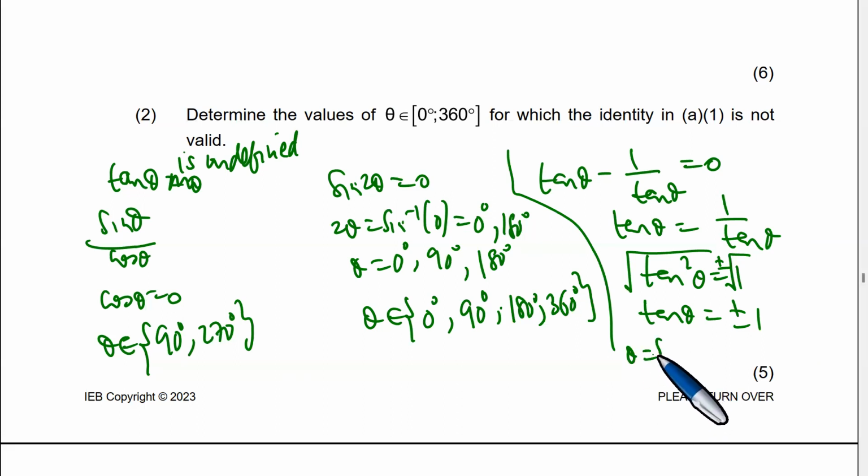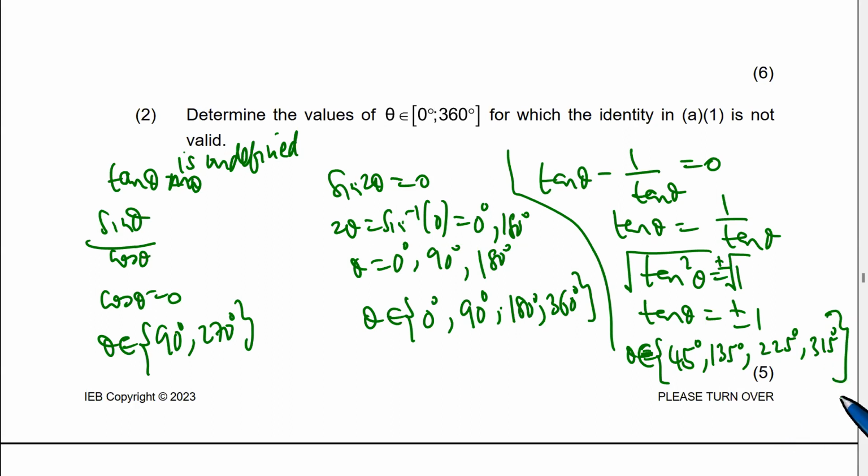So when is the tangent plus or minus 1? You have 45 degrees, which is 1, and 135 degrees. At 135 degrees, it's the second quadrant where the tan is negative, so you're going to have minus 1. But 225 degrees is in the third quadrant where the tan is going to be 1. 315 degrees is in the fourth quadrant where the tangent is going to become minus 1.